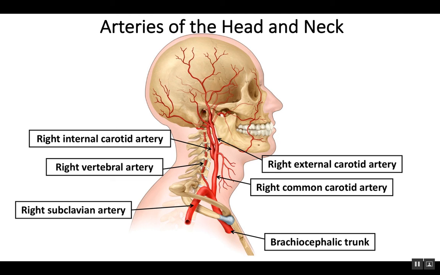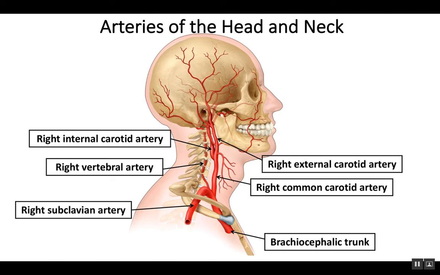So we're talking the skin, connective tissues, facial muscles, bones, the meninges that surround the brain. So that external carotid supplies external structures, structures outside the cranial cavity.